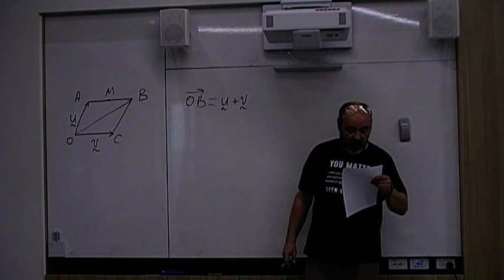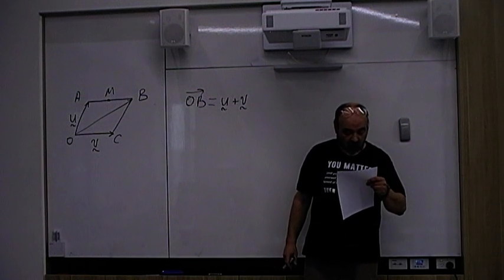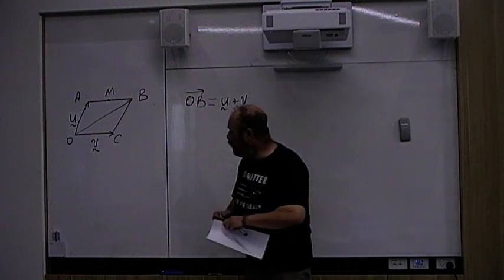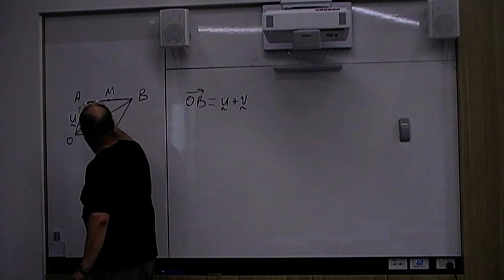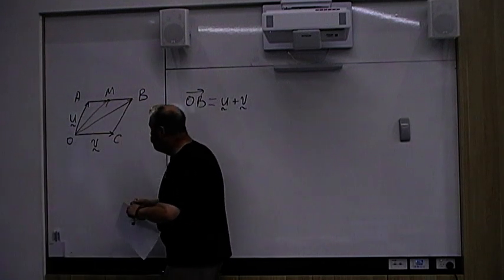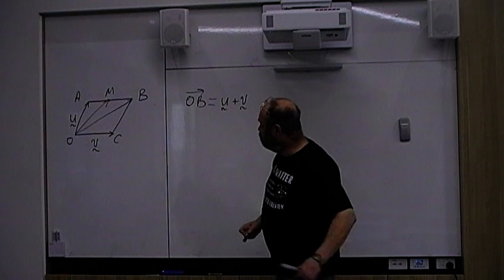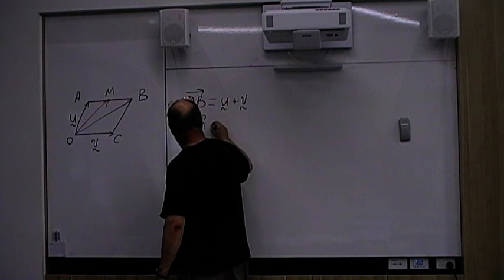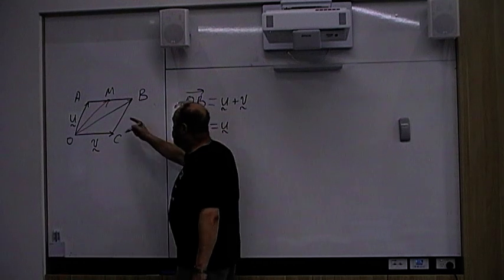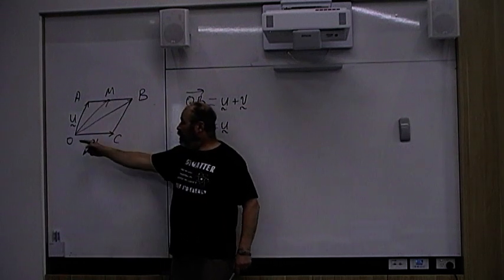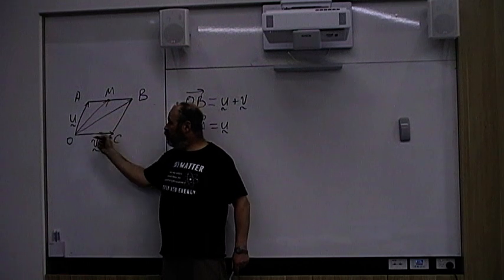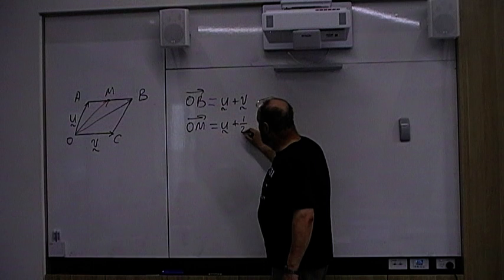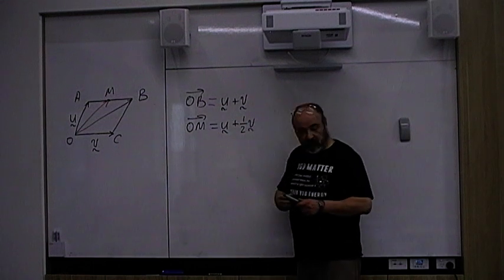Now we need to find vector OM. How will we find vector OM? Is that U plus V over 2? Yes, vector OM will be U, and clearly vector AM is a half of the vector V because it's a midpoint, so U plus 1/2 V. Make sense?